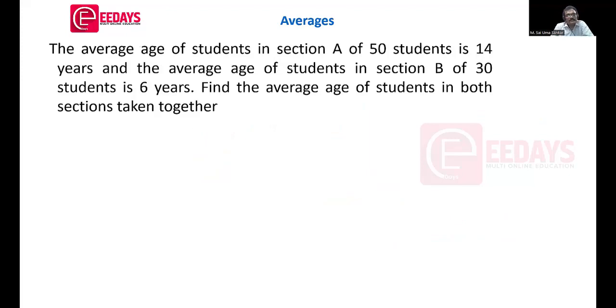The average age of students in section A of 50 students is 14 years, and the average of section B of 30 students is 6 years. Then find the average age of students in both sections. See, here 50 members, average 14. What is the total?